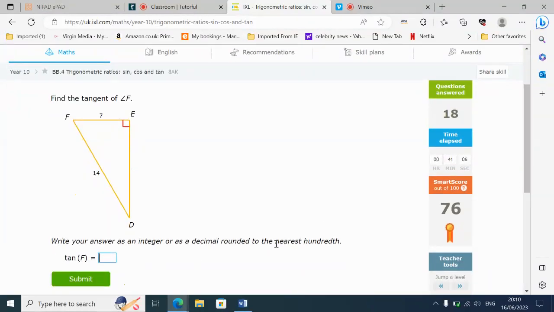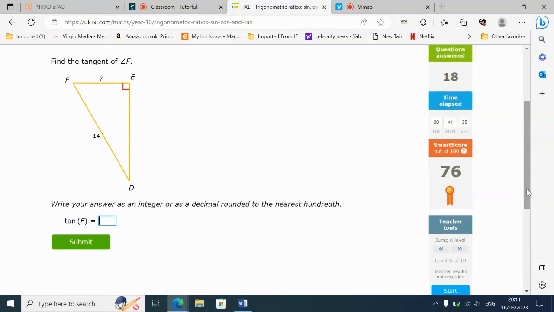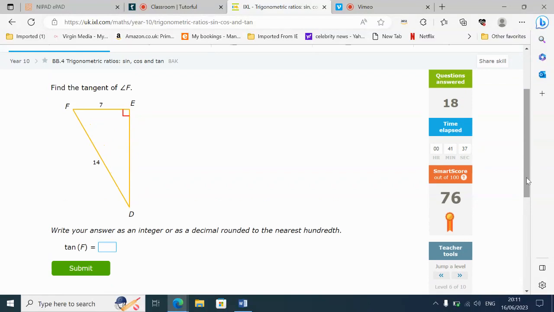Tan. This one here is slightly different. Write your answer as an integer or as a decimal rounded to the nearest hundredth. So what do you know about tan? Tan is opposite over adjacent. The opposite is blank. The adjacent is 7, so you need to find the opposite first.